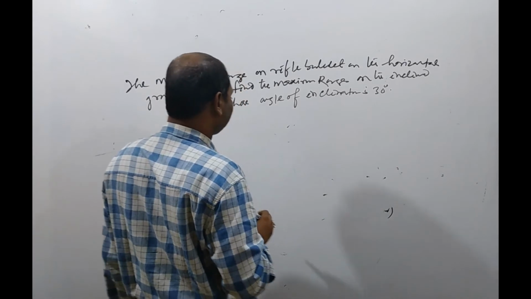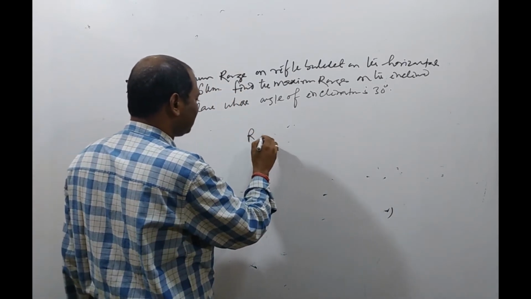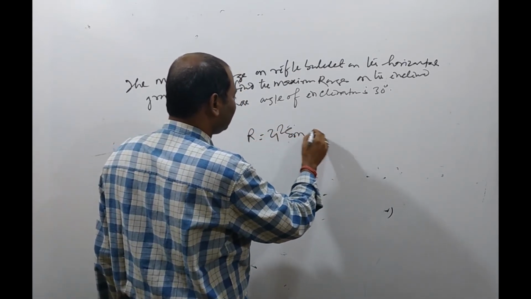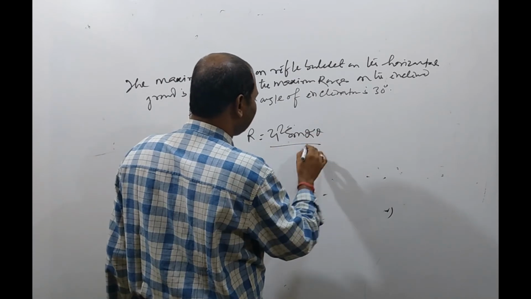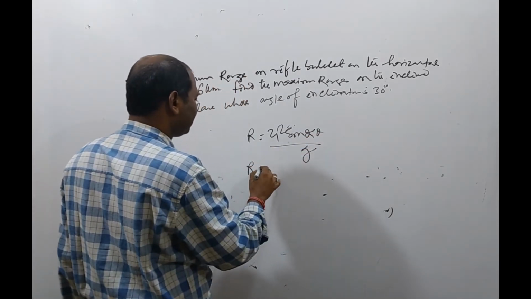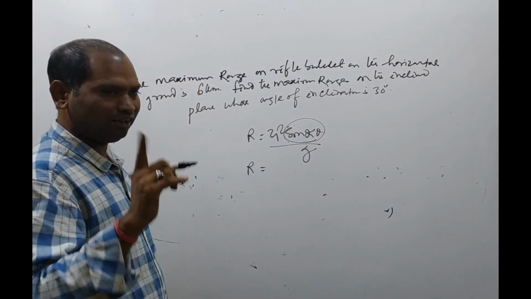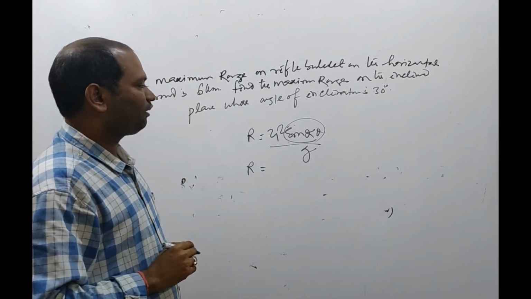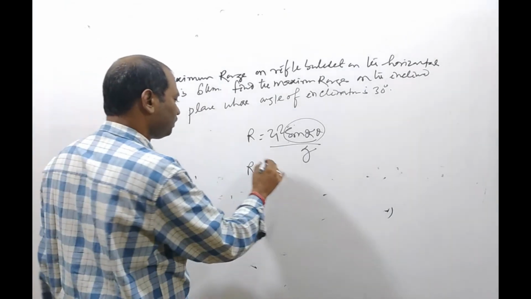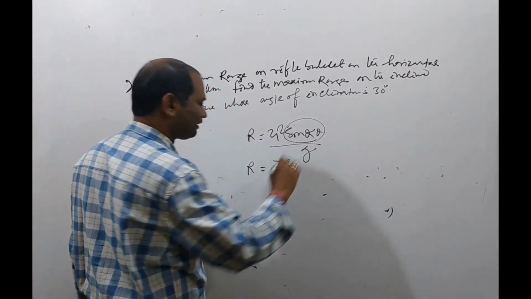On horizontal ground, the maximum range is what? R is equal to u square sin 2 theta by g. For the maximum case, sin 2 theta is equal to 1. So R is equal to u square by g in general case.